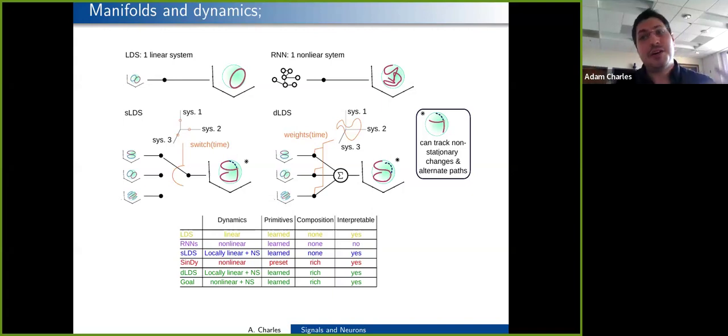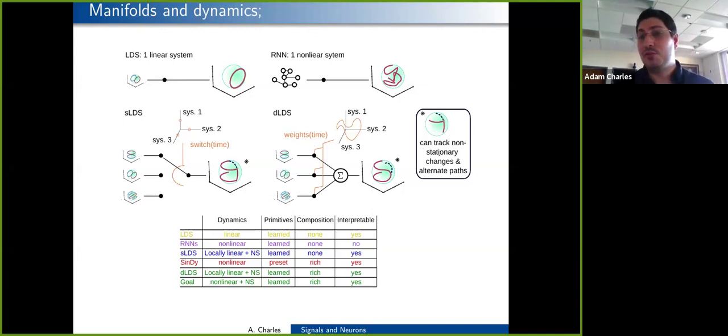It's not non-stationary, it's not nonlinear. There's RNNs, completely nonlinear systems that could do arbitrary things. They're extremely expressive. We've learned how to fit them to data. Amazing. They're not very interpretable. You have to do a lot of extra work after you fit the RNN to extract meaning out of that system.